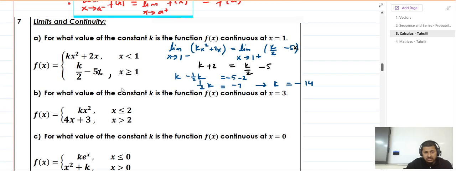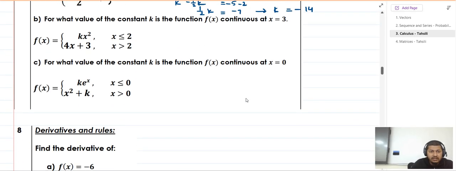So the value of k being equal to negative 14 will make this function continuous at x is equal to 1. Next one. For what value of the constant k is the function f of x continuous at x is equal to 3? Should be 2, not 3. So I'm going to do 2 from the left equals 2 from the right.